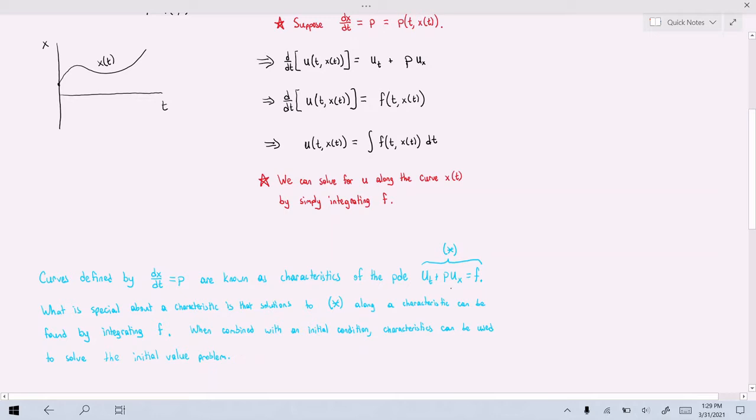And once again, what is special about a characteristic is that solutions to this PDE along a characteristic can be found by integrating the right-hand side f along the characteristic. When combined with an initial condition, characteristics can be used to solve the initial value problem, and I'm going to illustrate that with various examples in this video.